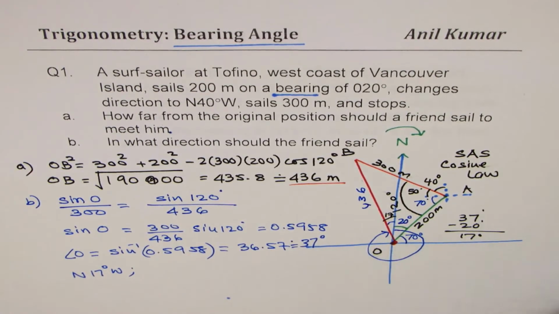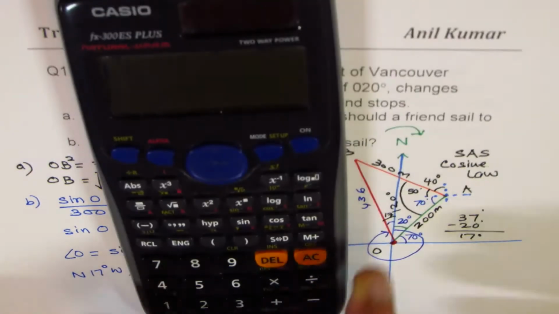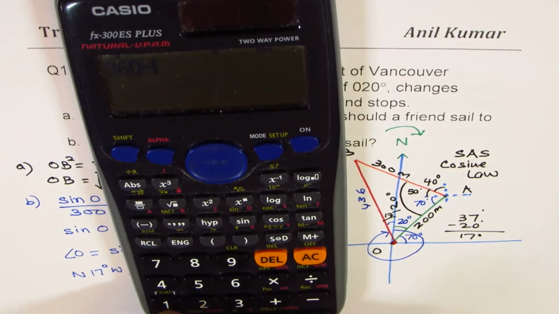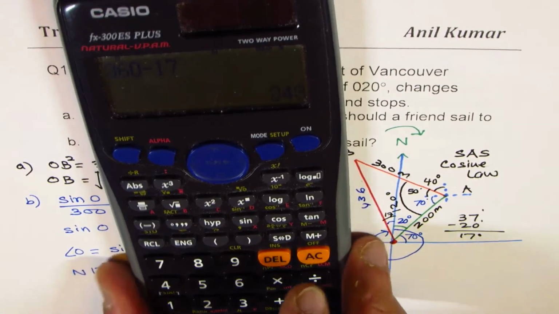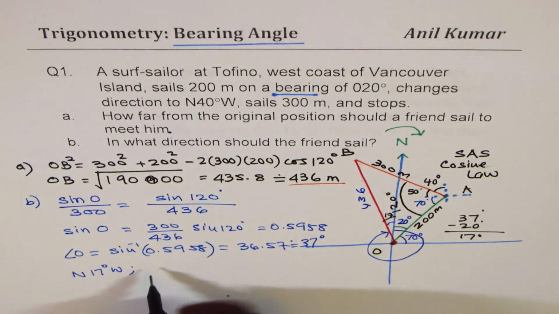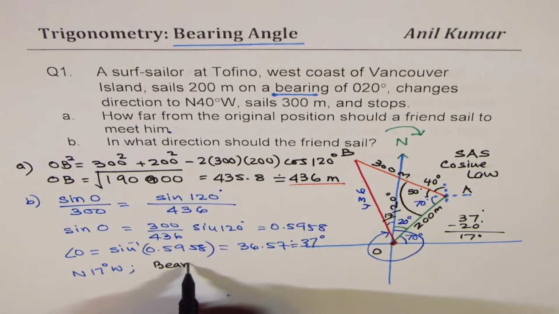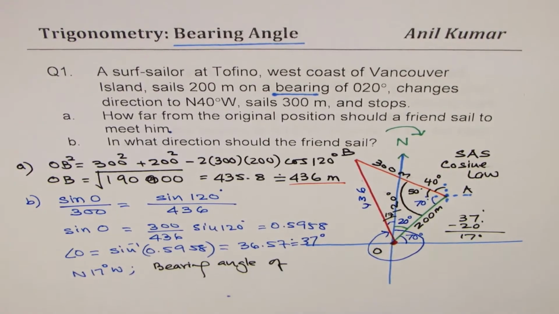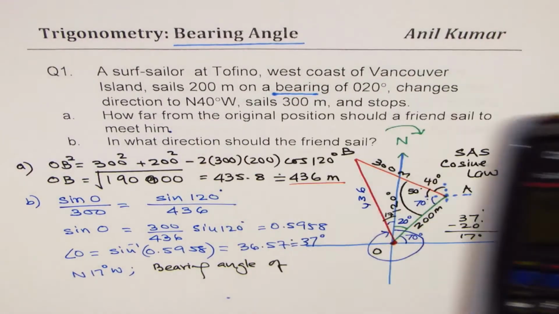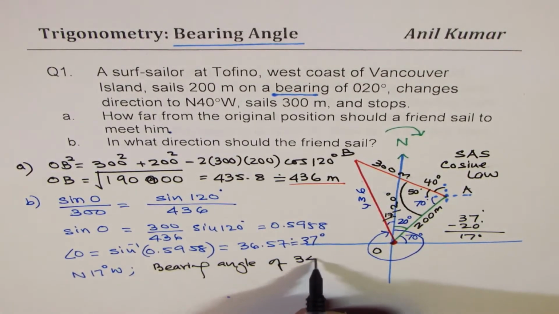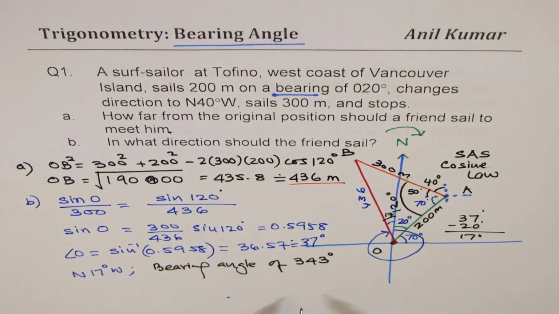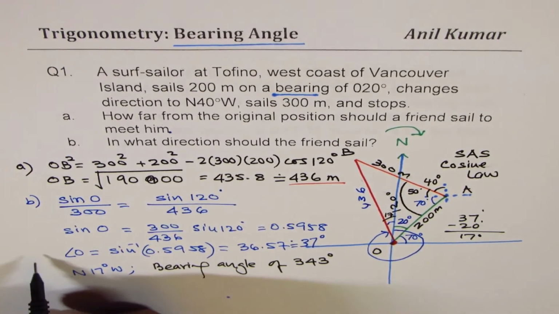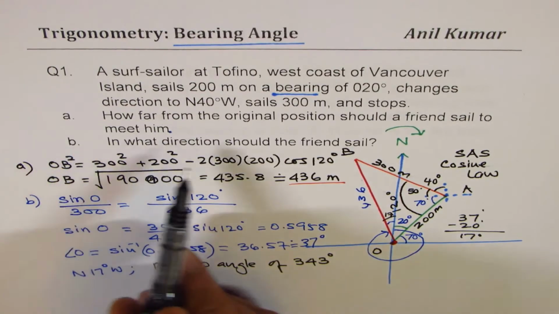So it could be written as 360 minus 17, 343, right? So we can say bearing angle of 343 degrees. That's an alternate way. So that could be the answer for part B.